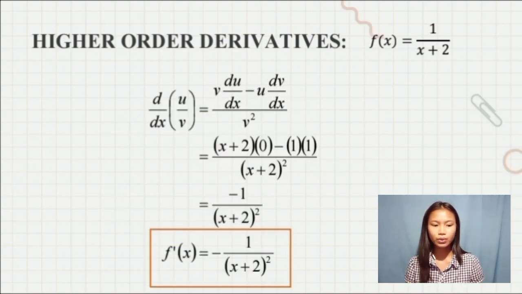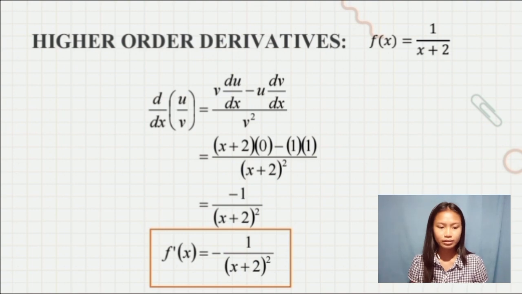Since we already know the derivative of both functions, we can now substitute the variables and solve for the first derivative. Substitute v as x plus 2, du over dx as 0, minus u as 1, and dv over dx as 1, over v squared, x plus 2 squared, equals negative 1 over x plus 2 squared.